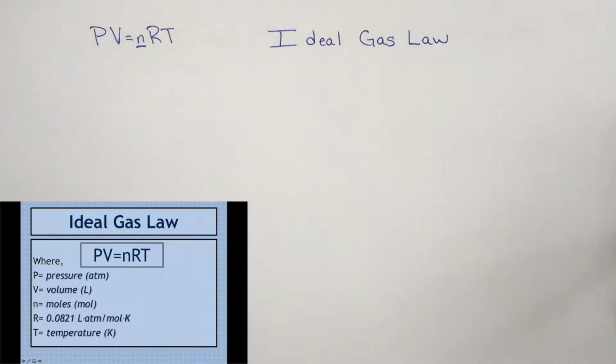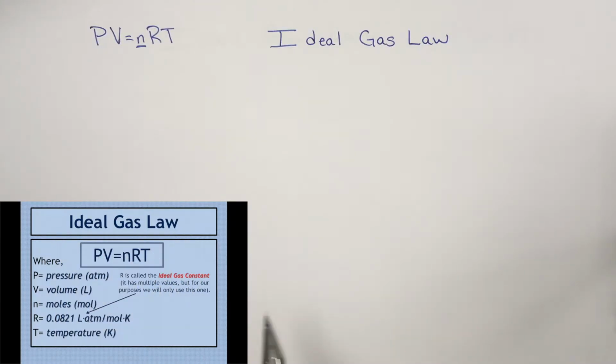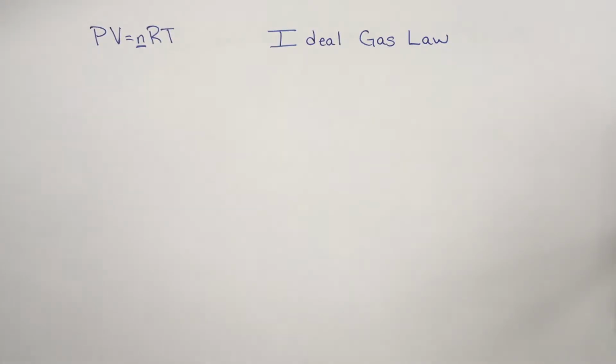And this is normal for you, you will have to have your temperature in Kelvin still, but this is new where you have to have them in atmospheres and liters. And again, that's just the constant. It is known as the picky law because you can't use whichever pressure unit you like or volume. It has to be atmospheres and it has to be liters.